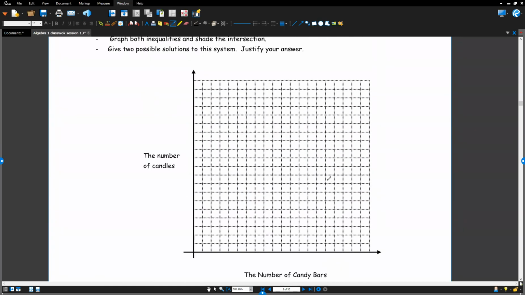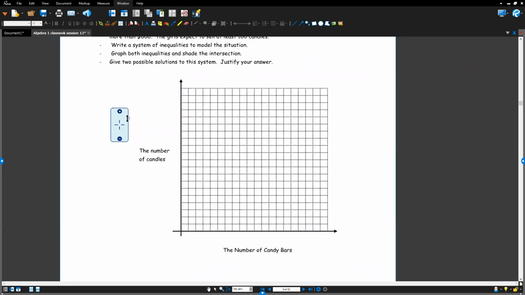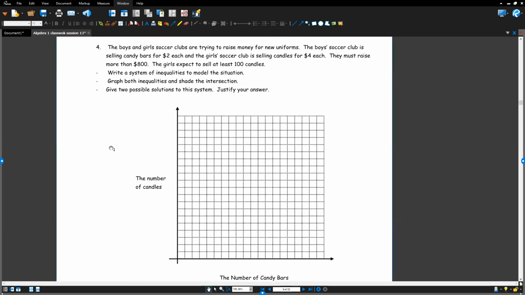Maybe one of these we can try because we can make a graph over here. That is not hard. So we need to set up the inequality.